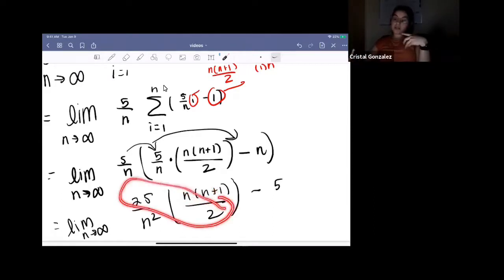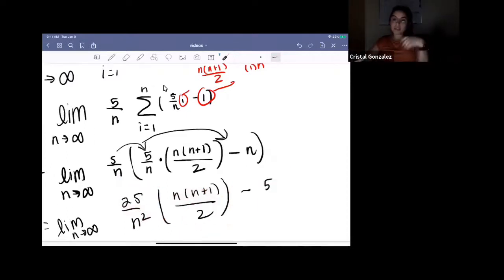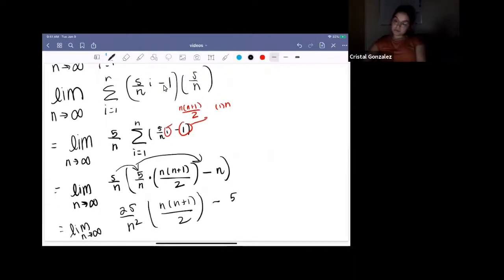So this limit as n approaches infinity, since they're approaching infinity at the same time, looking at the leading coefficients, is going to be 25 over 2 minus this 5. 25 over 2 minus this 5, which is equal to 15 over 2. And so that was the answer that we got using the definition of a definite integral.